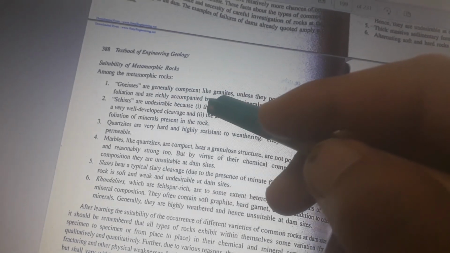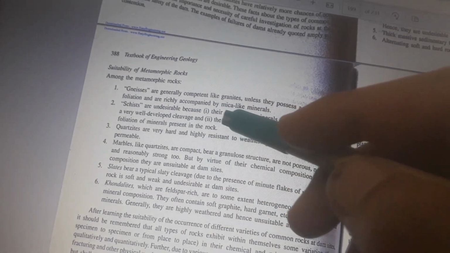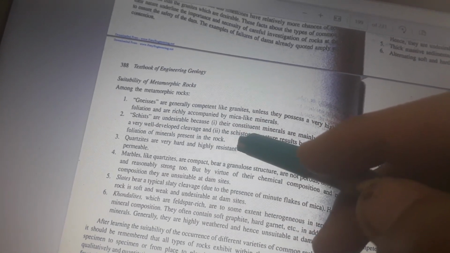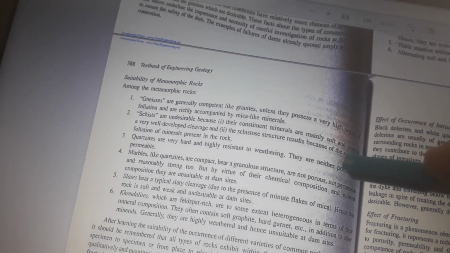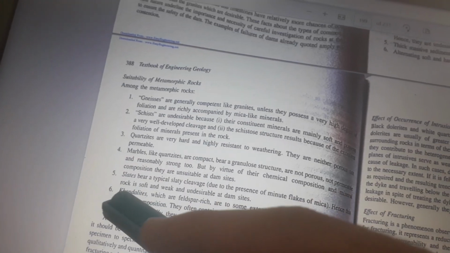Suitability of metamorphic rocks. Among the metamorphic rocks, gneisses are generally competent like granites unless they possess a very high degree of foliation and are rich in mica-like minerals. Schists are undesirable because, first, their constituent minerals are mainly platy and possess a very well developed cleavage, and second, schistose structure results because of the excellent foliation of minerals present in the rock.